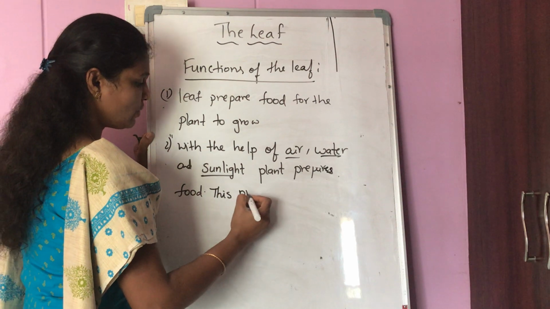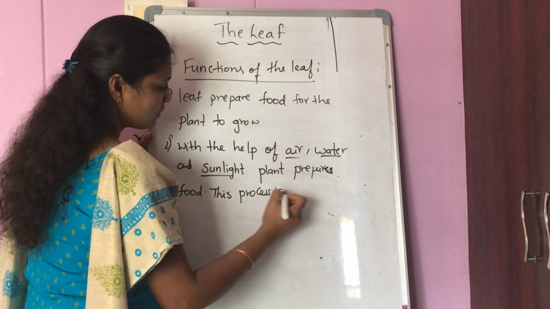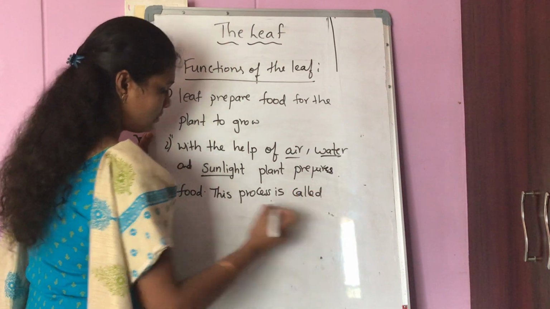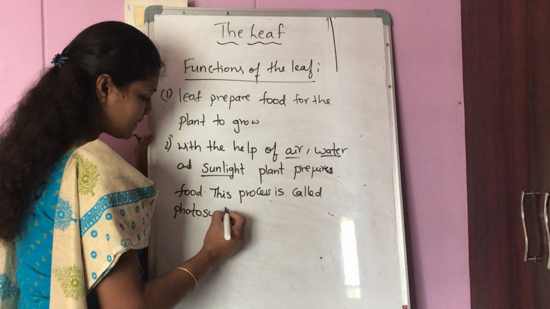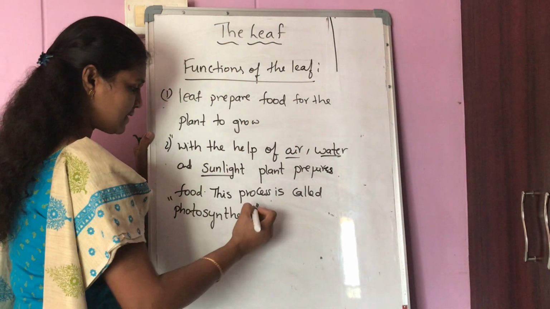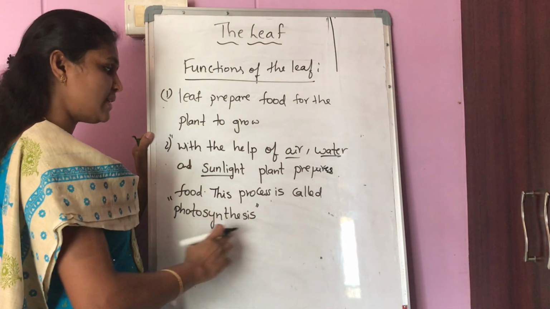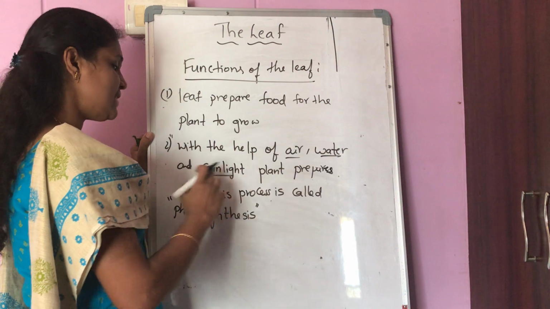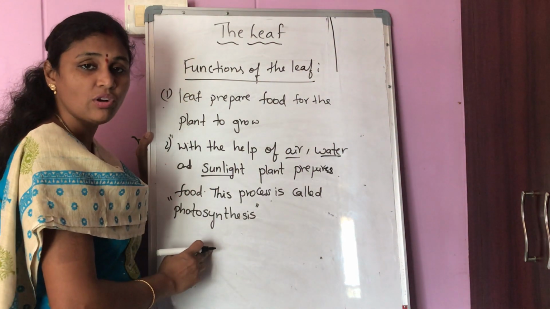This process is called photosynthesis. The green leaves prepare food for the plant with the help of air, water and sunlight. That process we call photosynthesis.